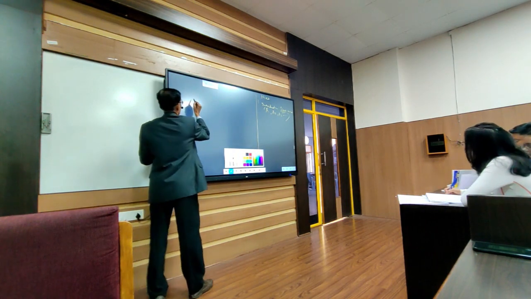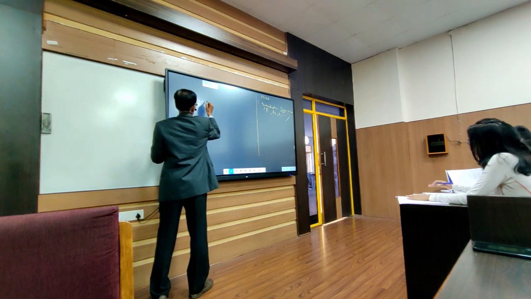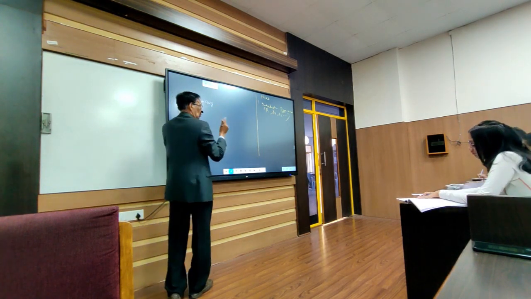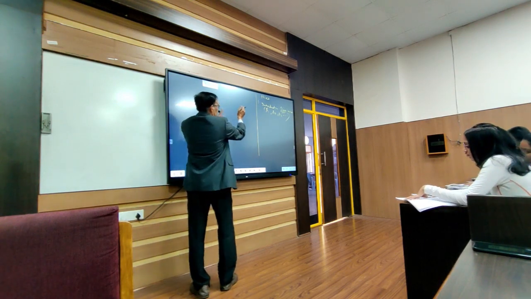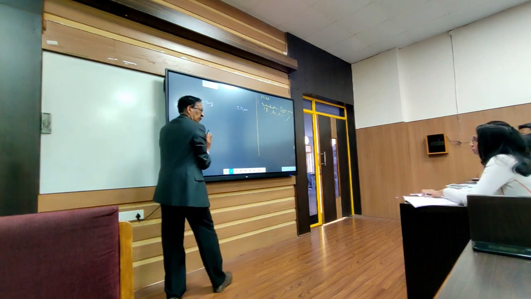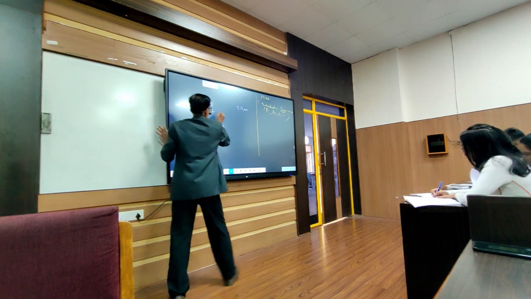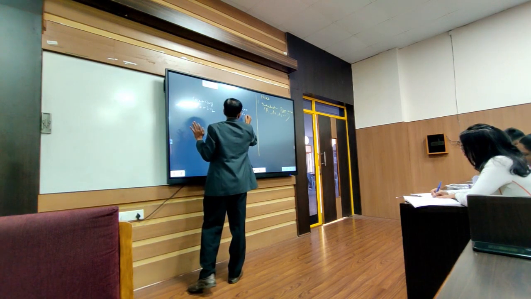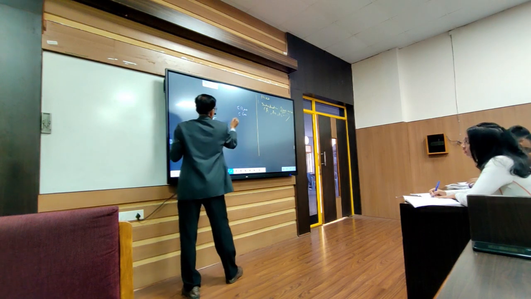What are the conditions? 60x plus 121y. Those who are writing on the condition page, make some space here deliberately, less than or equal to, I'll tell why. Next, 8x plus 5y less than 600. 3x plus 4y less than 500.